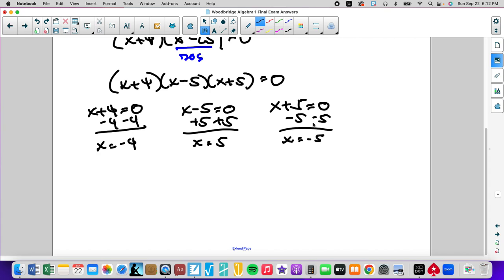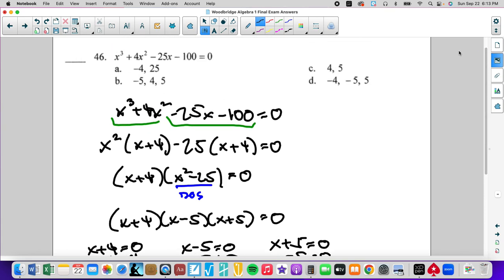If x is equal to negative 5, it would make this box 0. So all of those are solutions. And I always write them in numerical order. They don't do that. They just assume that you can place that. That's not numerical order, but that answer is D.